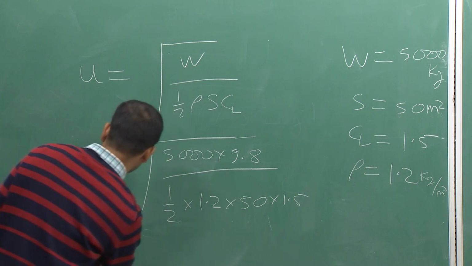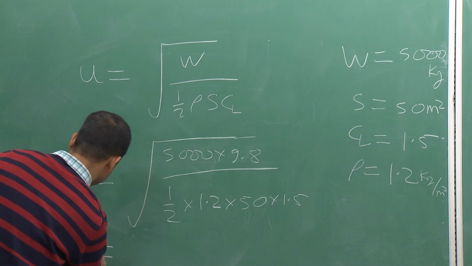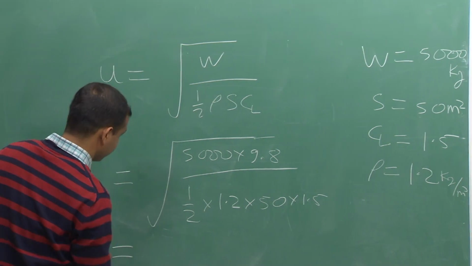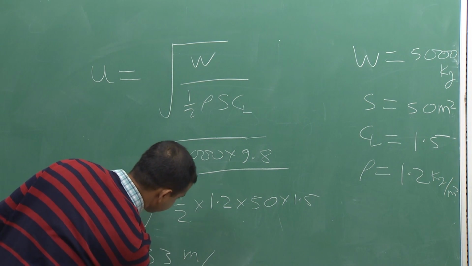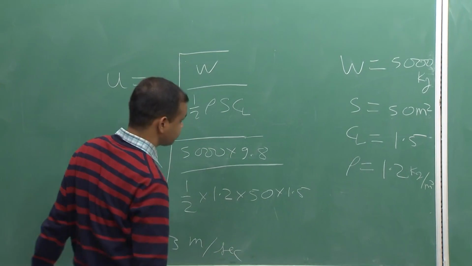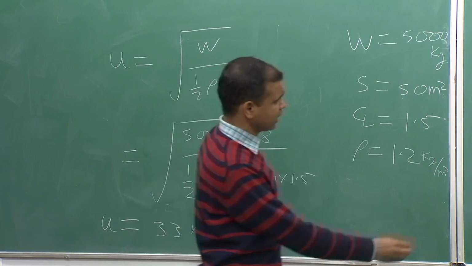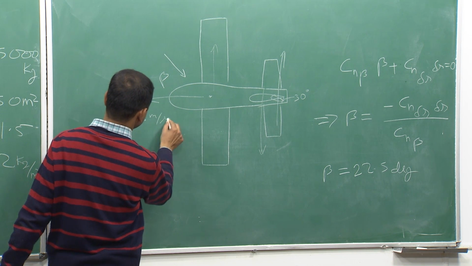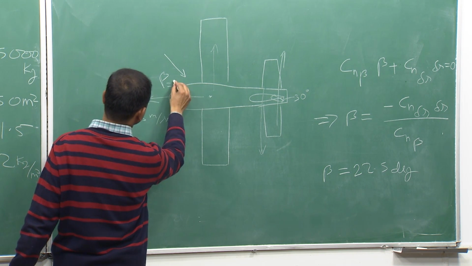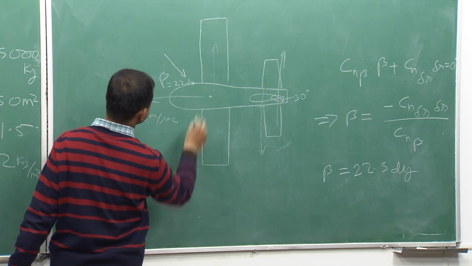And from here I will get the value of u is equal to 33 meter per second. So, now I have this u 33 meter per second and beta 22 degree.